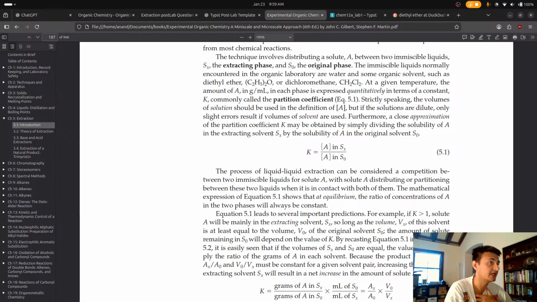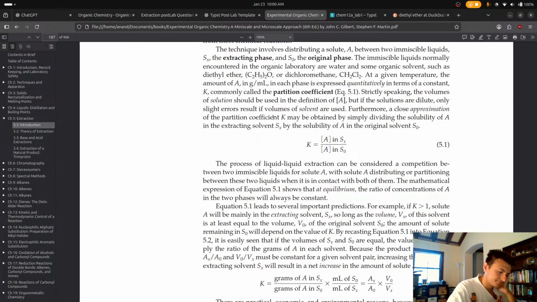So to get K, we really need to know the solubility. It starts out that the benzoic acid is dissolved in the original solvent, which is diethyl ether.